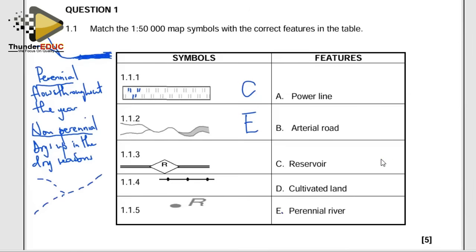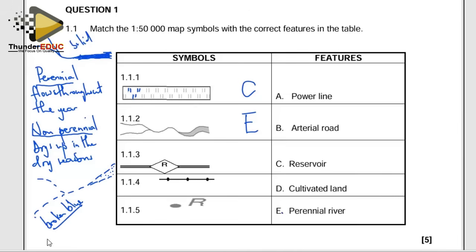If it's a wider river, which is still non-perennial, you can see some dots in between broken lines. So the broken blue lines represent non-perennial, and the solid ones represent perennial. That's where we get the difference on the map.